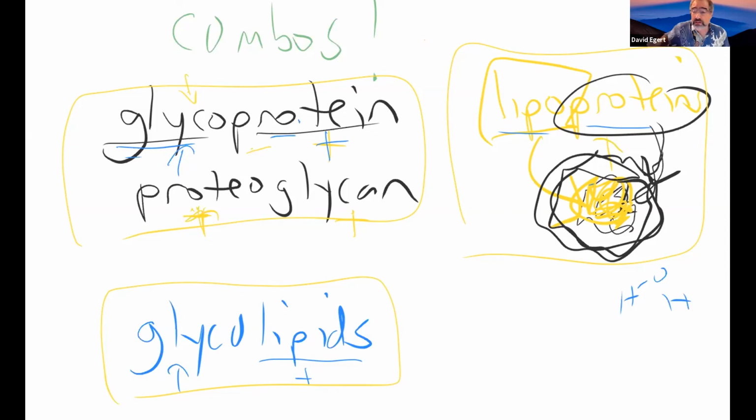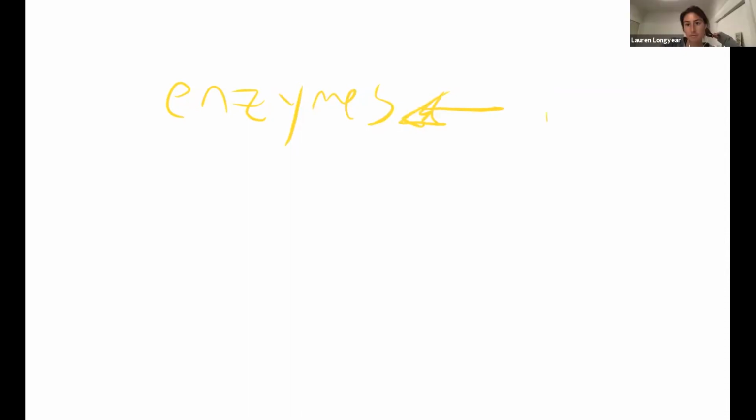And I guess the other thing while we're talking about combos, remember when we were talking about enzymes, and again, what kind of a molecule is an enzyme? Protein. But often an enzyme actually needs something in addition to just the protein structure to actually work.